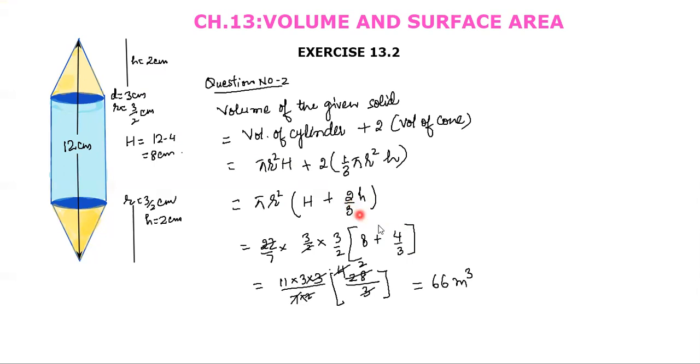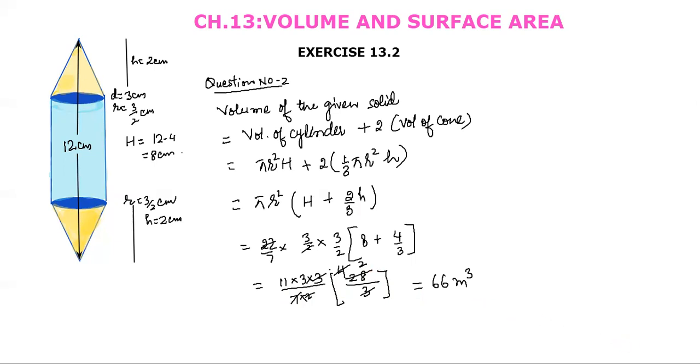Therefore 2 into 2 will make it 4 by 3. Take LCM. 8 3s are 24 plus this 4 will make it 28 by 3. And now cancel out whatever you are able to cancel and multiply whatever you are left with. So you are left with 11, 3 and 2 here. So it is 66 meter cube.